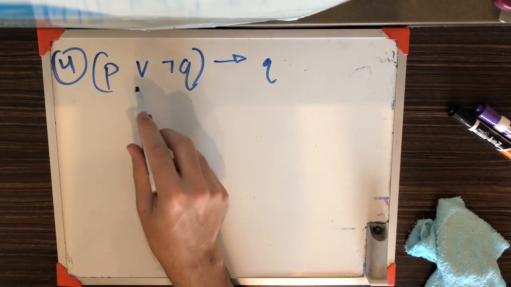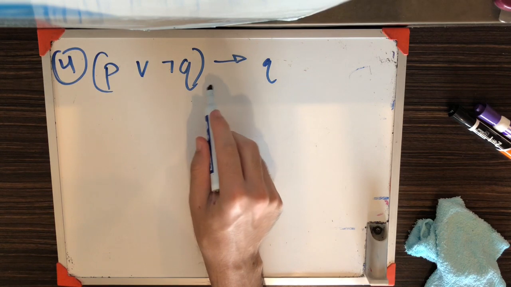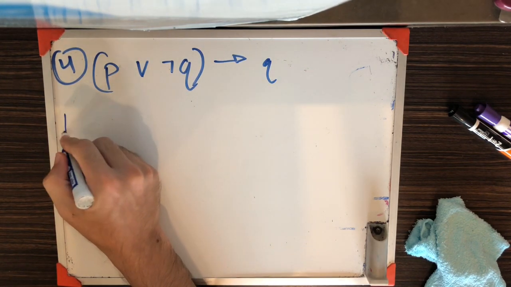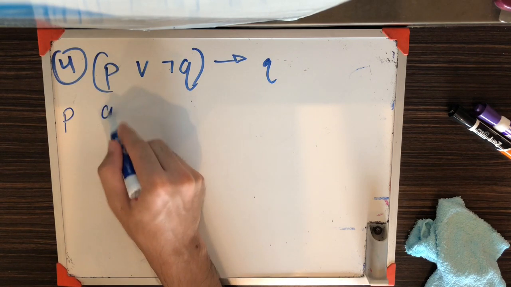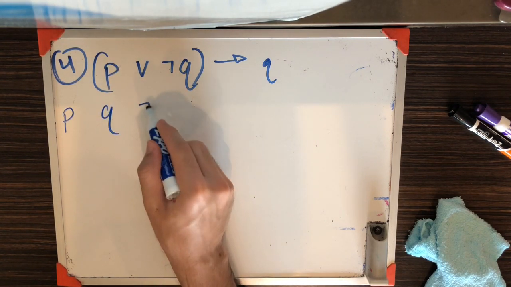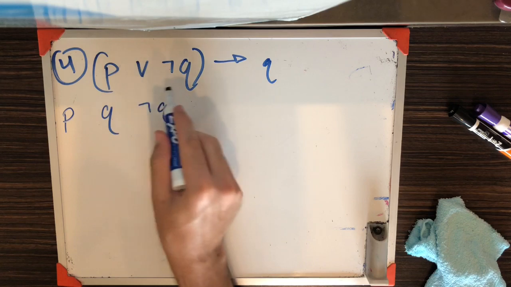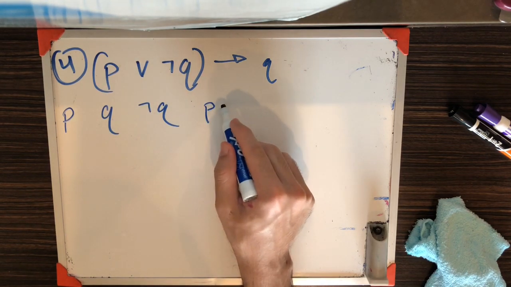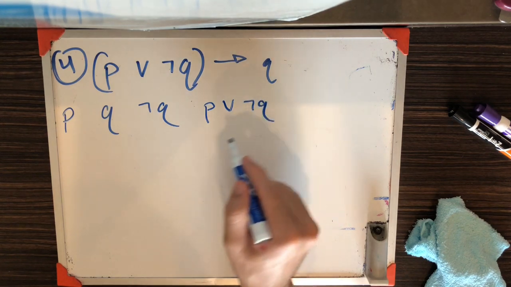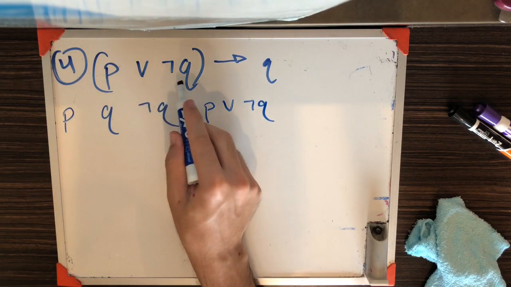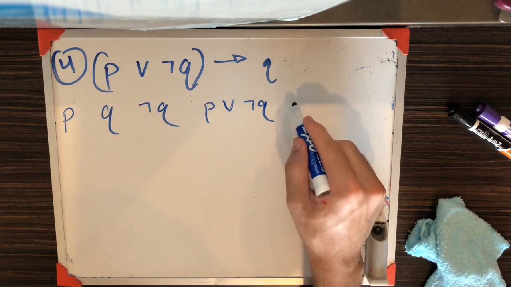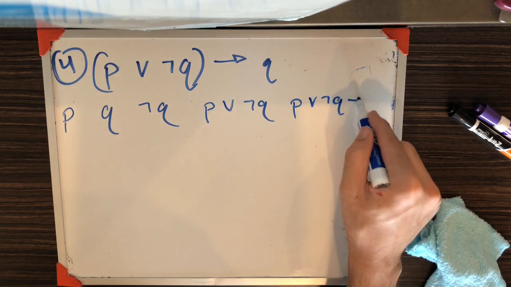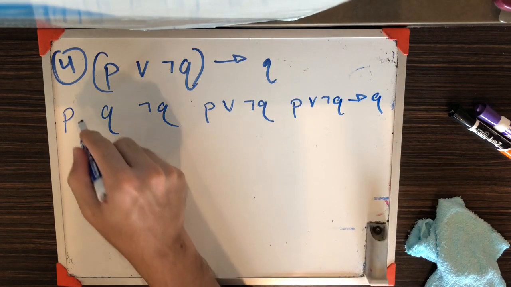Number 4, we have P or negate Q, implication Q, right? So we have P, we have Q represented, we have negate Q represented. Finally, we have P or negate Q represented. And then P or negate Q, implication Q, to summarize this whole thing. Okay, let's split this up.